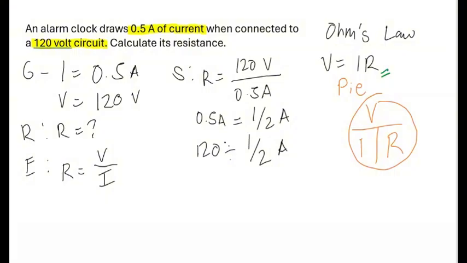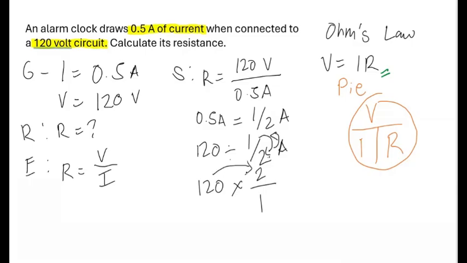In the division of fractions, the division of a whole number and a fraction, we always multiply, so 120 times 2/1, because the numerator and the denominator are flipped.